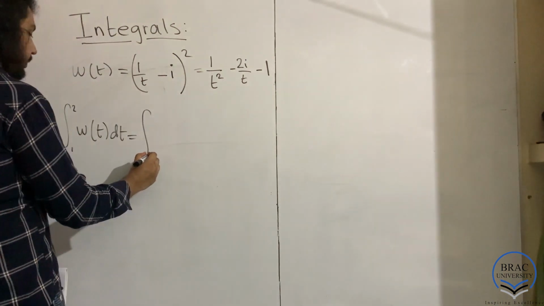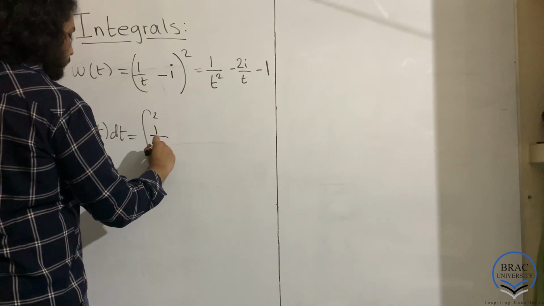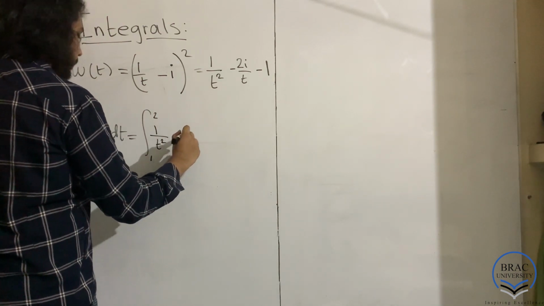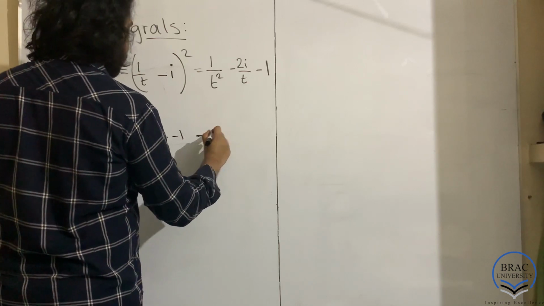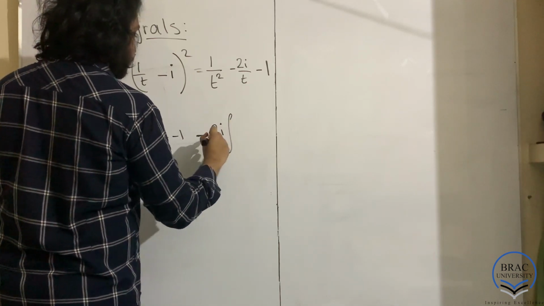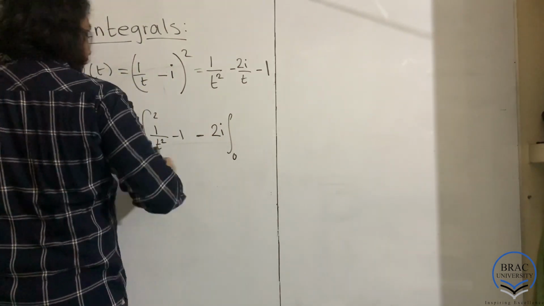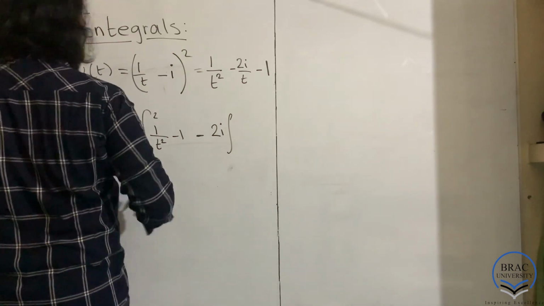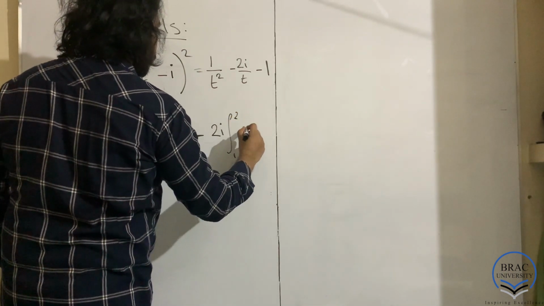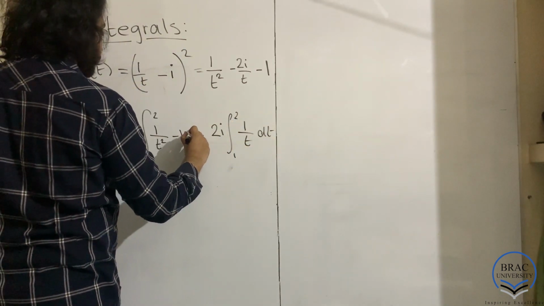We have our limits from 1 to 2, our real part, which includes 1 over t squared minus 1, minus twice i, which I can bring out since it's not dependent on t, times the integral from 1 to 2 of 1 over t dt. And there's also going to be a dt on the first part.